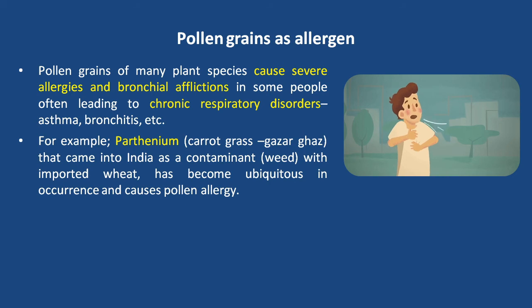These release harmful pollen grains which will cause asthma-like respiratory disorders. So Parthenium is one of the most common examples of allergen, especially the pollen grains which are very allergic and can cause allergic disease. So this is harmfulness of pollen grains.